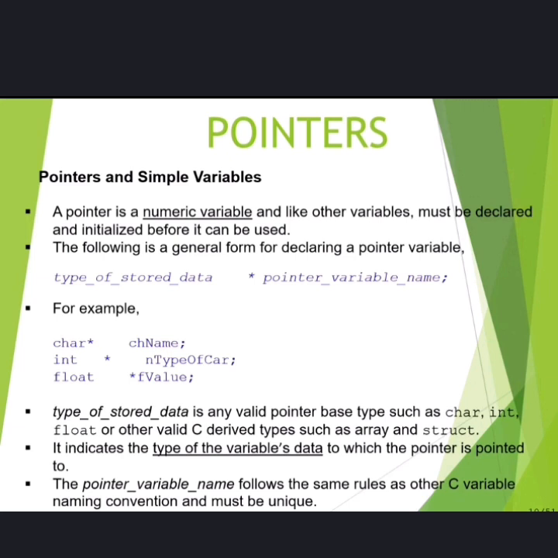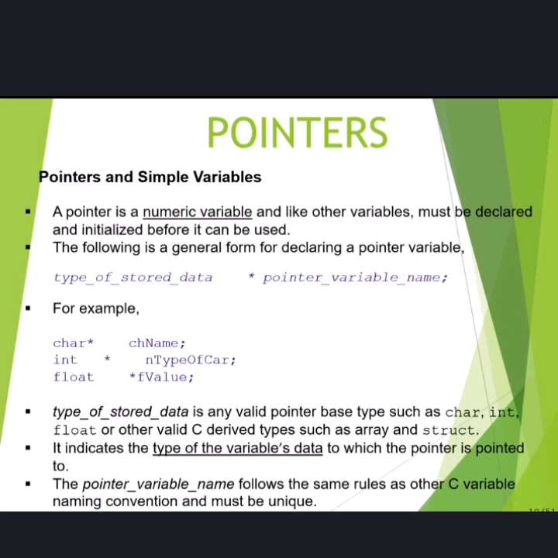The following is the general form of declaring a pointer variable. For example: char *chname; int *n; float *f. The type of stored data is any valid pointer base type such as char, int, float, or other valid C derived types such as array and struct.